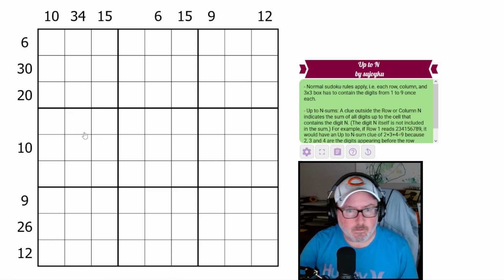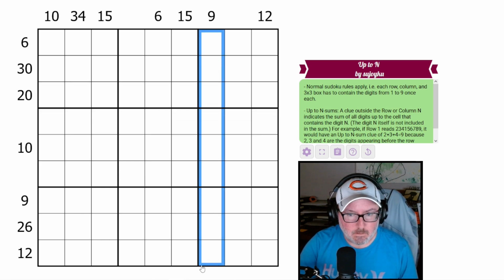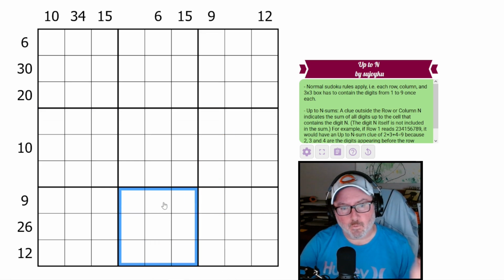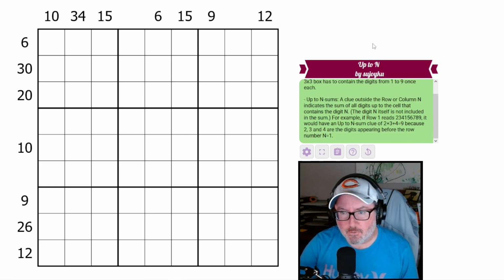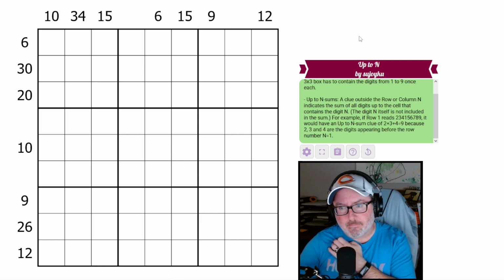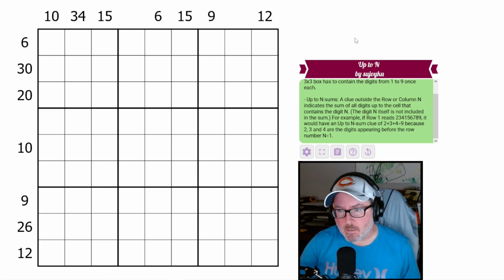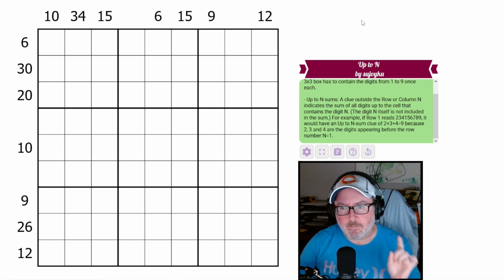So it's normal Sudoku. Every row, column, and 3x3 region will contain the digits 1 through 9 once each. Then we have up to n sums. A clue outside the row or column, n, indicates the sum of all digits up to that cell that contains the digit n. The digit n itself is not included in the sum. Let's go through the example, because I'm not fully following this just yet.